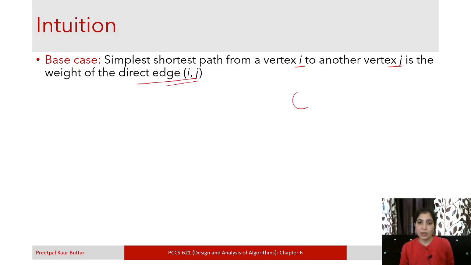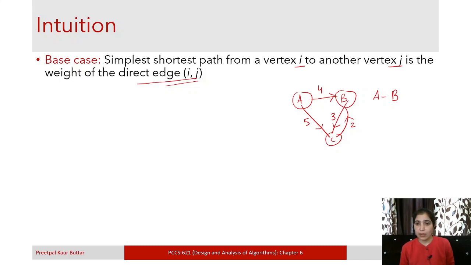So let us take the same kind of graph ABC and let us make it directed like this. So this is 4, 5, 3, 2. So what is the base case? Base case is when you have two vertices i and j which are directly connected by an edge. If we look at this graph and we talk about A and B, these are the two vertices.